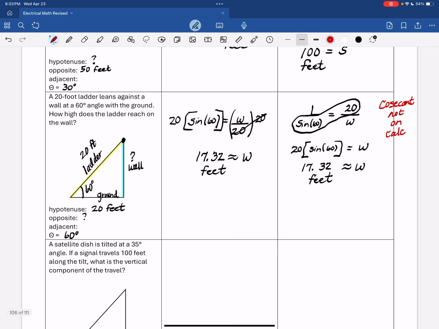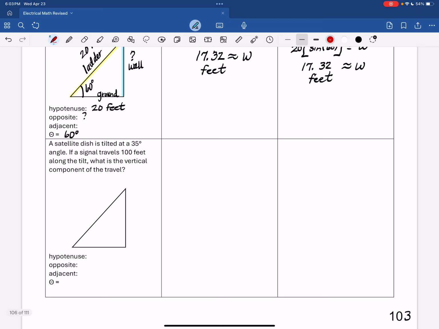Okay. A satellite dish is tilted at a 35-degree angle. So here's the dish. It's tilted at 35 degrees. If the signal travels 100 feet along the tilt, that's the hypotenuse, what is the vertical component of travel?